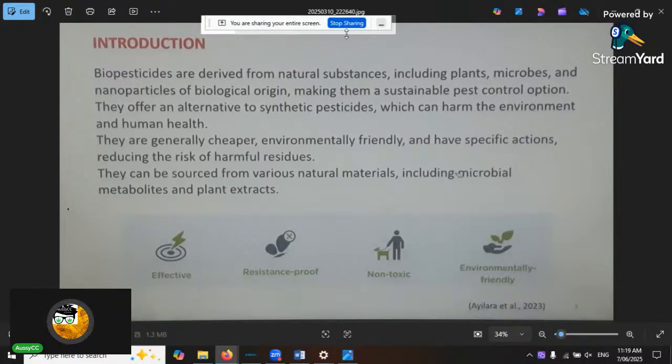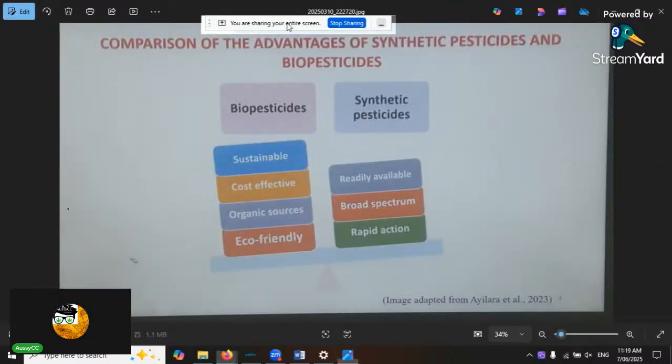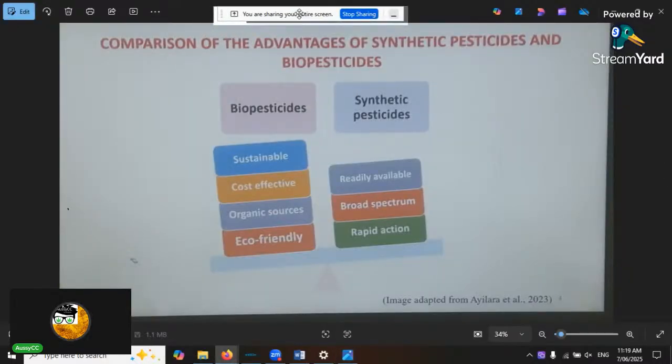Bio-pesticides are derived from natural substances, including plants, microbes, and nanoparticles of biological origin. Here's a comparison of synthetics and bio-pesticides. Well, the difference is synthetics kill everything.